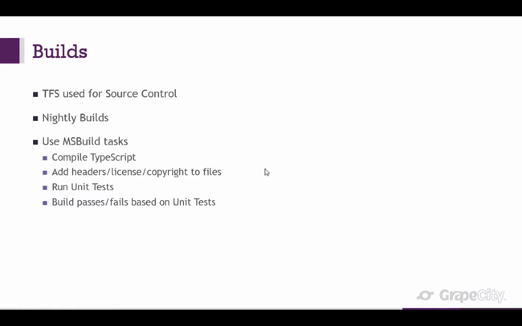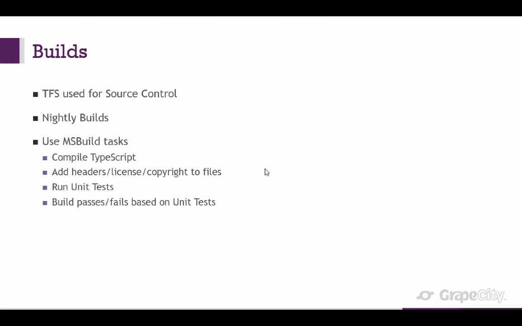We have a build system in place. So TFS is what we use for source control, and that's Team Foundation Server. We have a nightly build process that runs every night. And our typical build has the following tasks, and we use MS Build tasks to do this.